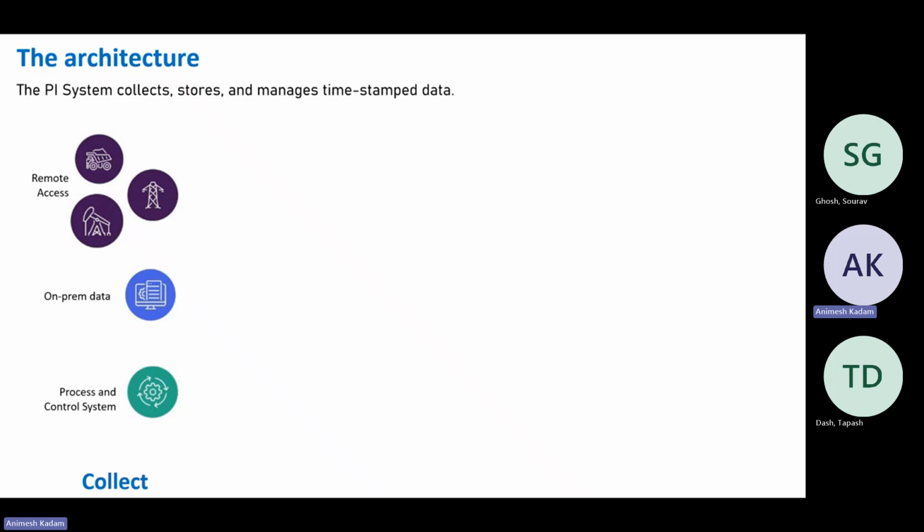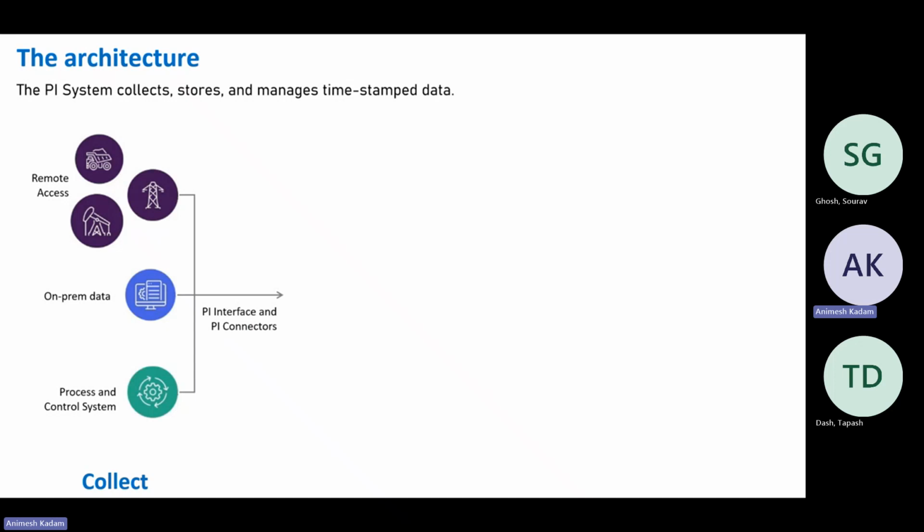Now we have seen the data sources, right? And to collect the data from the data sources, we have different kinds of interfaces and connectors. So Pi has around 500 plus interfaces, connectors, and adapters available to collect data from different types of systems. You may have seen many databases, you may have seen many historians, but the major plus point of Pi system is the range of interfaces and collectors they have.